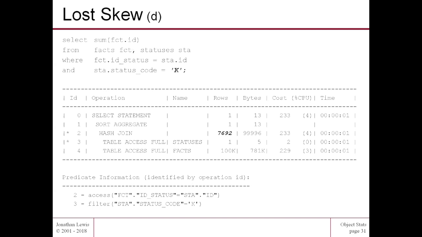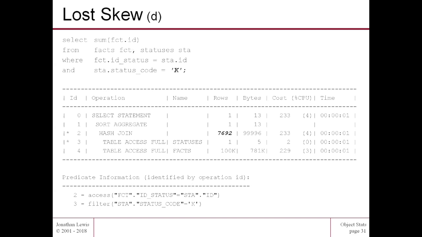Now, if anyone's really good at mental arithmetic and remembers exactly what the previous two screens looked like, they will see that 7,692 is 100,000 rows divided by 13. Sorry about that, it's getting a bit late at night here. Oracle simply said there are 13 distinct values.